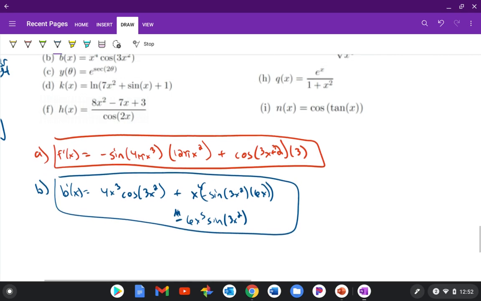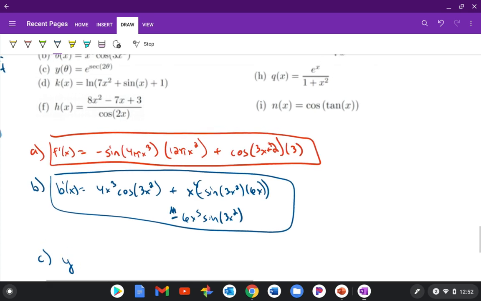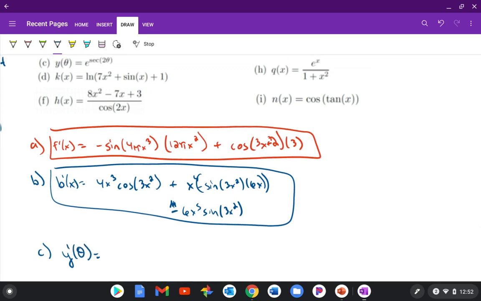C. This is e, the base exponential. Theta is the variable, that's a theta. So y prime of theta is going to be, the derivative of e to the u is e to the u times u prime. So it's going to be e to the secant of 2 theta times the derivative of that exponent.